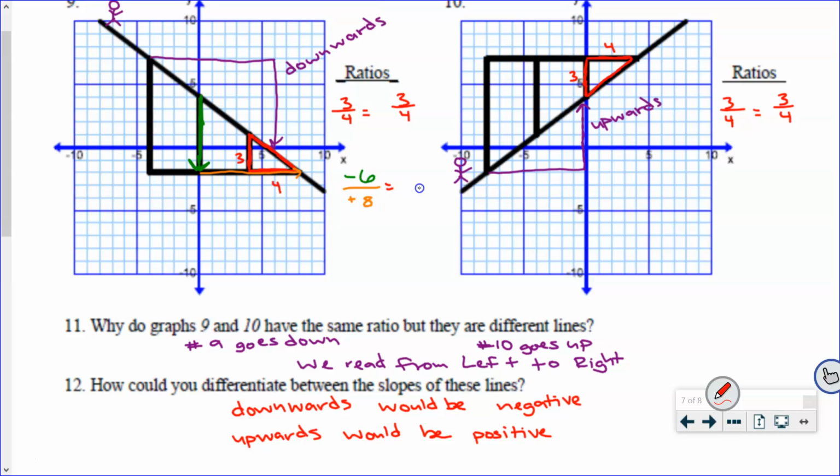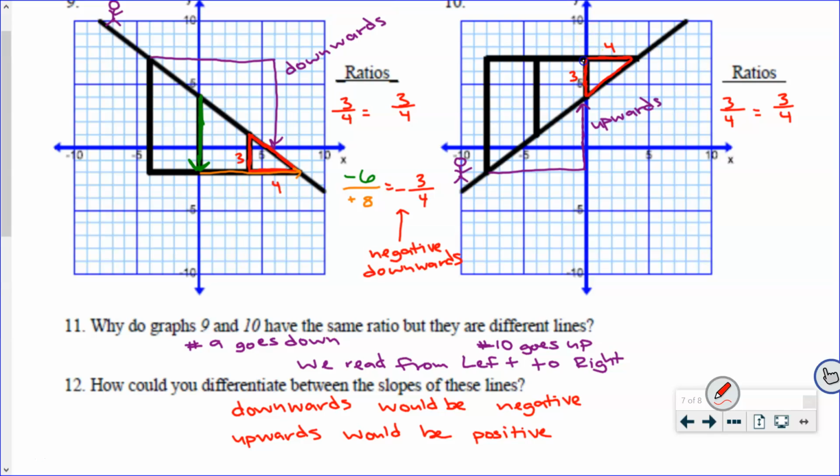So -6 divided by 8. 6/8 simplifies to 3/4, but it's not just 3/4, it is a negative. And notice where I put that negative. You can keep it in the numerator, but really traditionally we like to put it in the front because remember, this negative means it is going downwards.